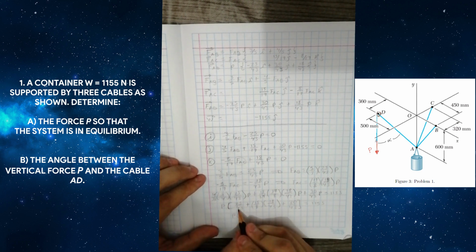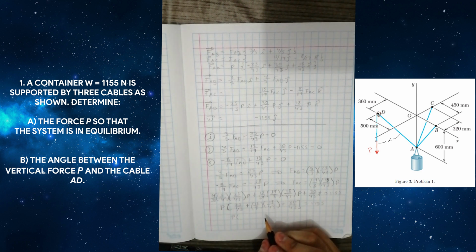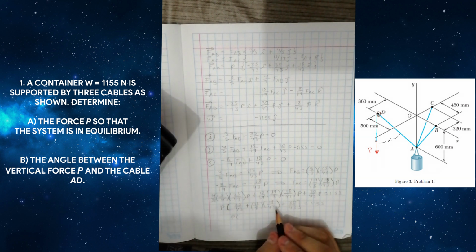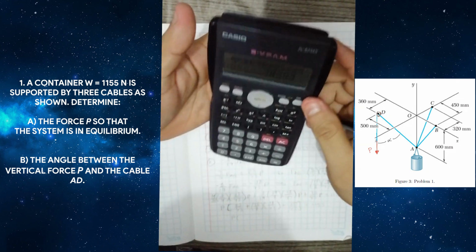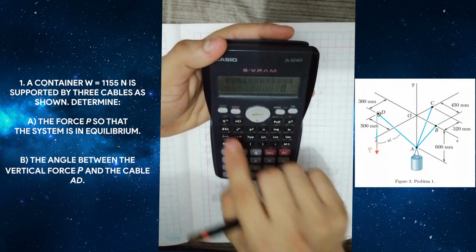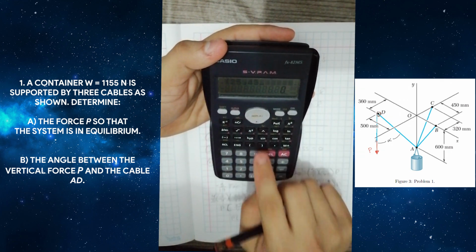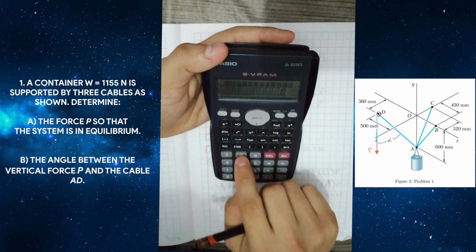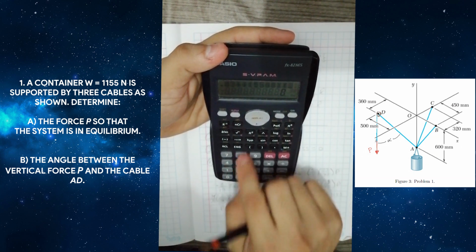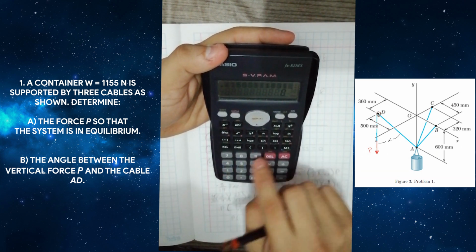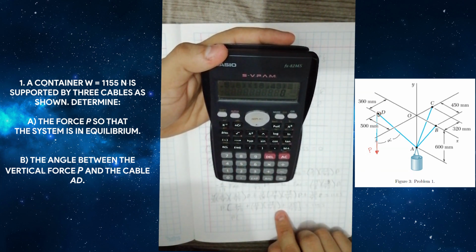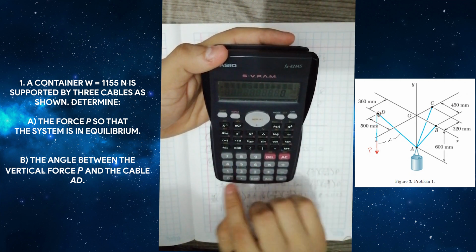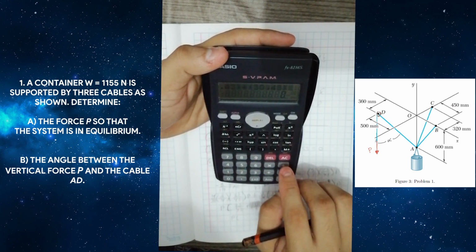This is equal to all of this, and to calculate this operation I'm going to use a calculator. 25 over 43 plus 15 over 8 times 18 over 43 plus 30 over 43.